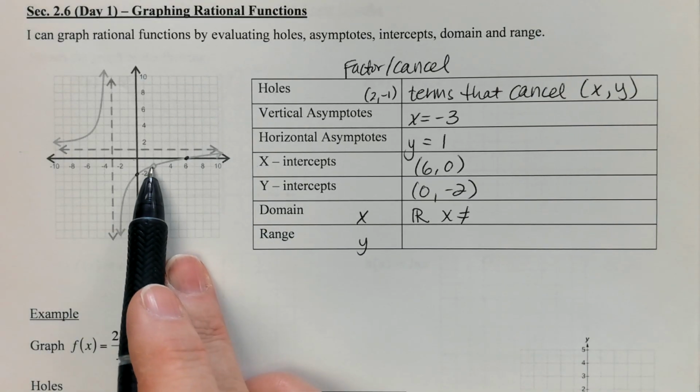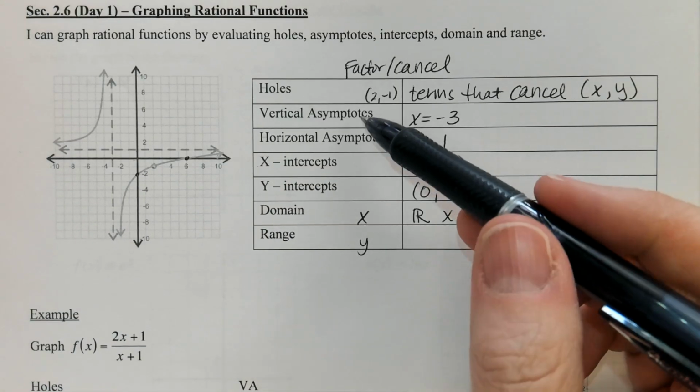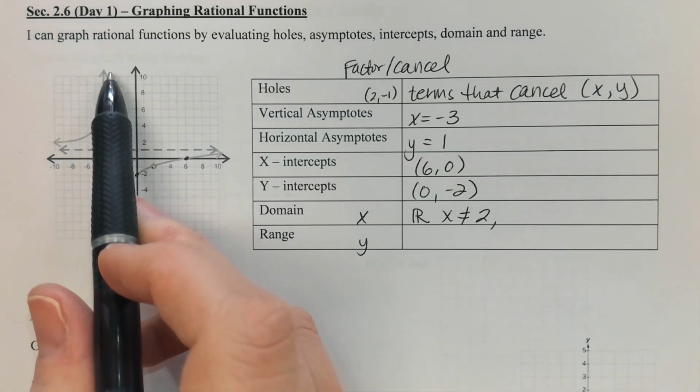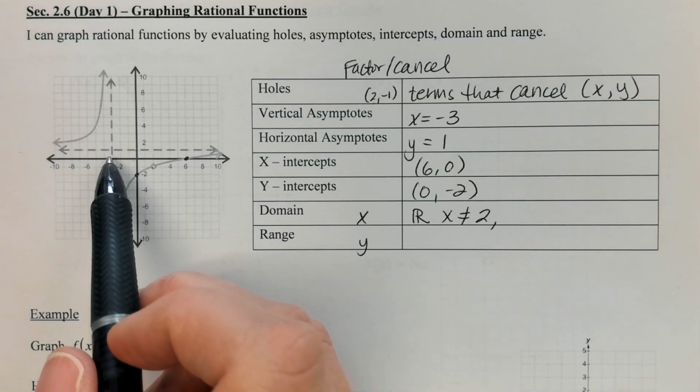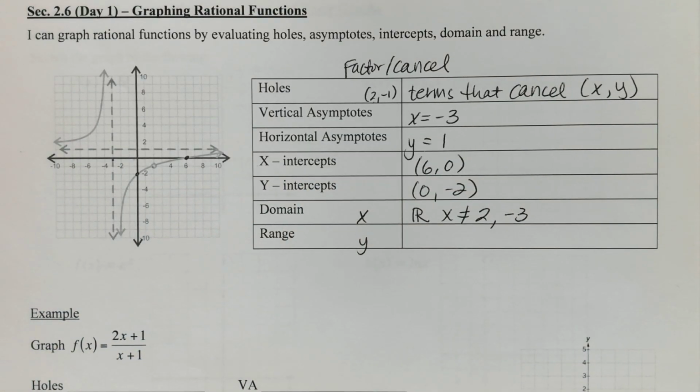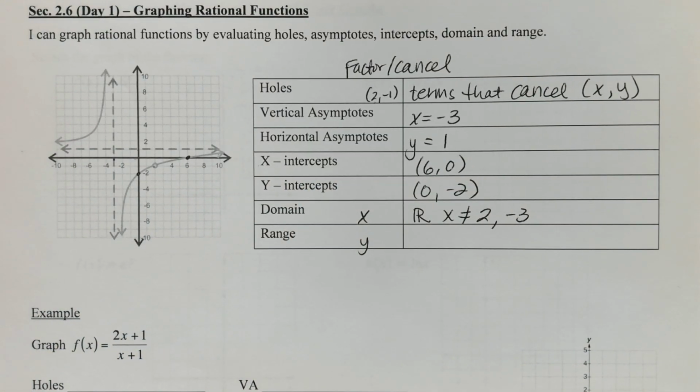So for sure, any holes can't be a part of our domain. That is something we literally are skipping over, so we cannot use that. And we want the x value of that, so x cannot be 2. If we have a vertical asymptote, which we do, we also can't be that number, so -3 would be another part of our exclusion.